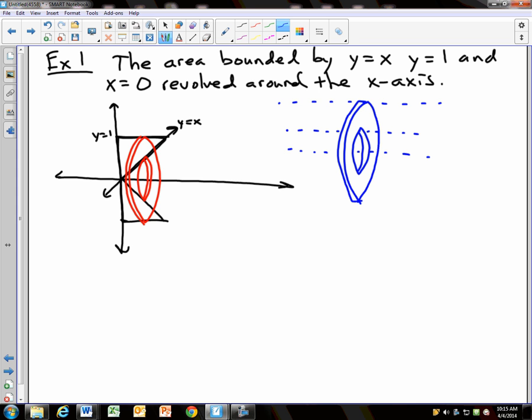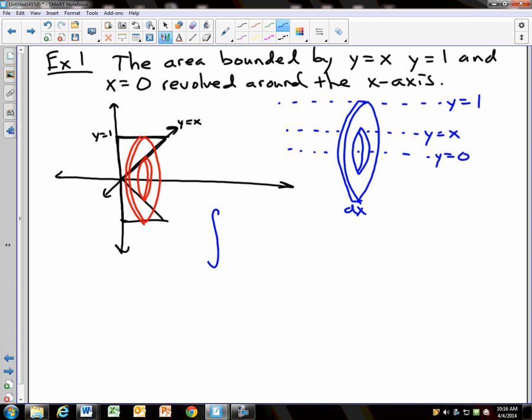So what makes the middle? y equals 0. What makes the inner edge? y equals x. What makes the top? y equals 1. So those are my 3 parts, right? What is my width? Is it dx or dy? dx. So this is a horizontal integration.